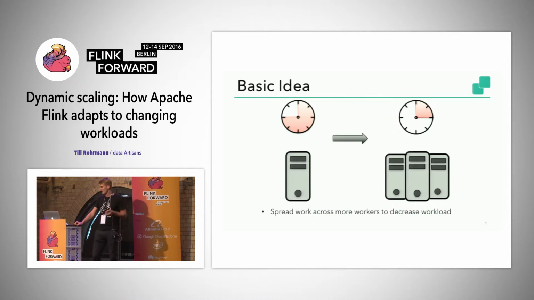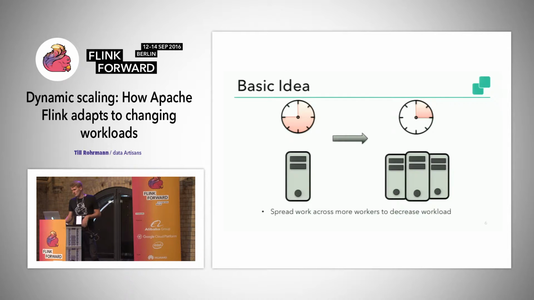Of course, this has the assumption that your job is parallelizable. For the rest of the talk, I want to assume that, because if your job is sequential by nature, then dynamic scaling won't help you to deal with excessive execution times.